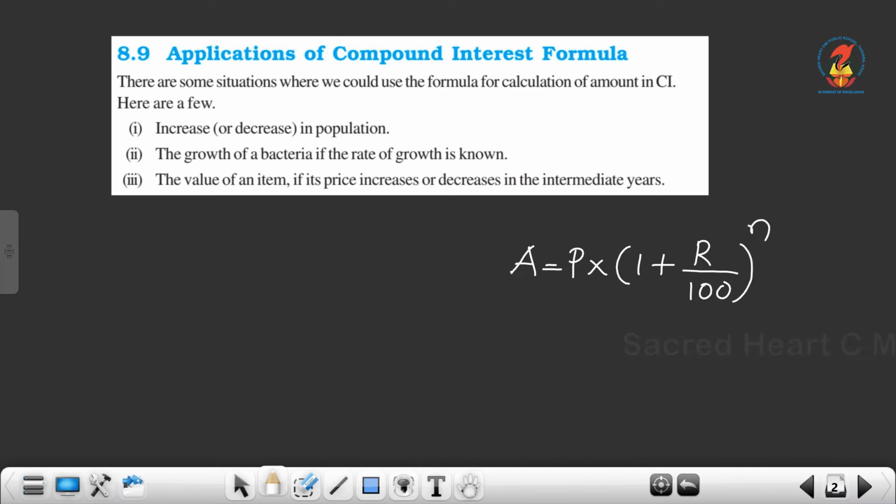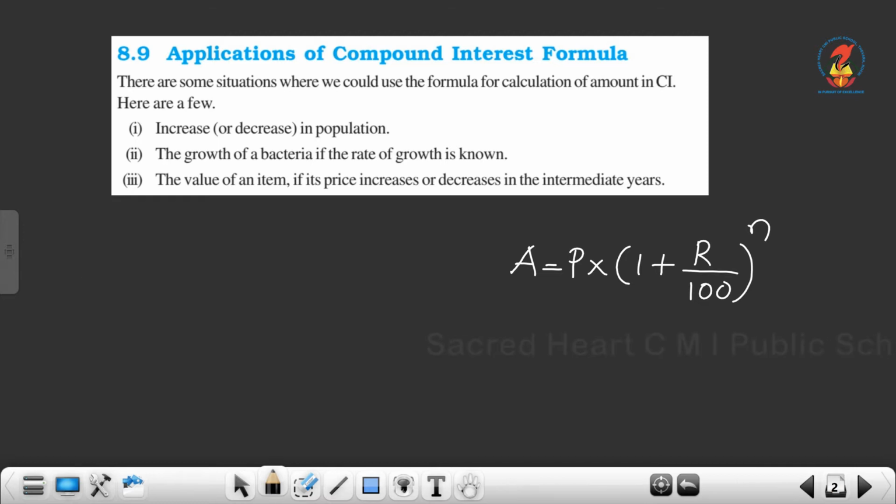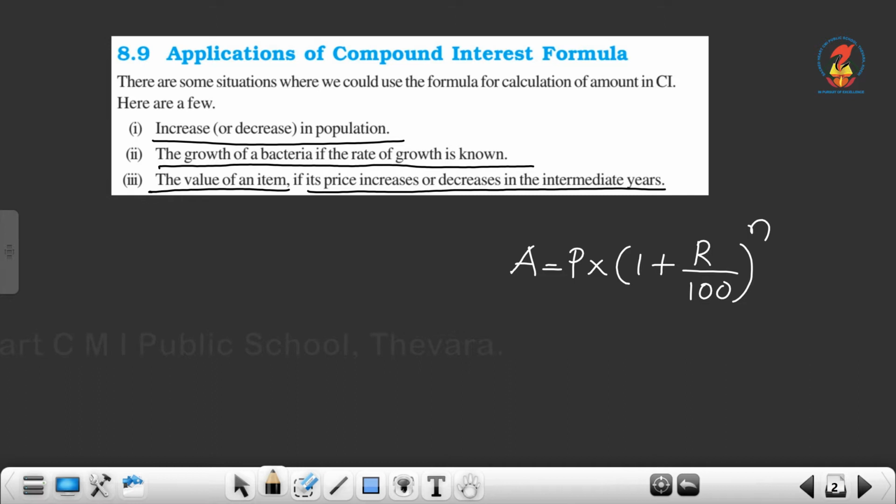Now which all situations can we apply it in? Here we have the examples. When we have some increase or decrease in population, the growth of a bacteria if the rate of growth is known, the value of an item if its price increases or decreases in the intermediate years.